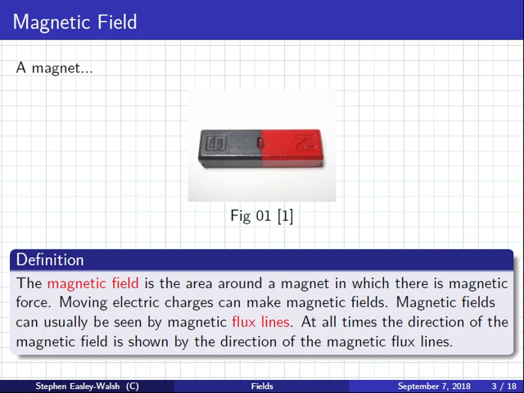IV characteristics of a resistor. So we're doing IV characteristics of a resistor and a filament lamp. That's the two we're doing. Just a resistor and a filament lamp. Okay.